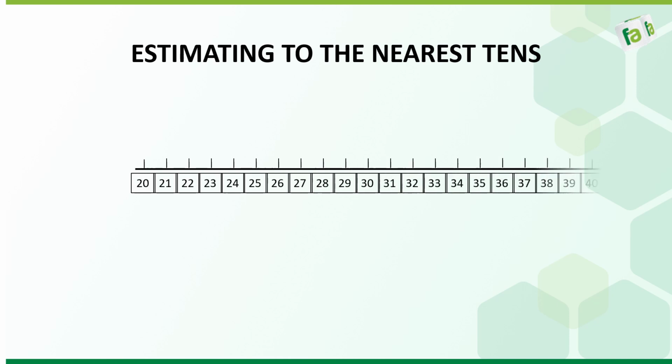Matthew needs to score 37 marks to pass his maths exam and 25 marks to pass his history exam. Can you tell approximately how much he should score in each exam to pass them individually?